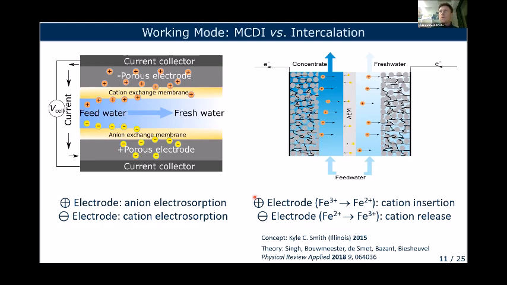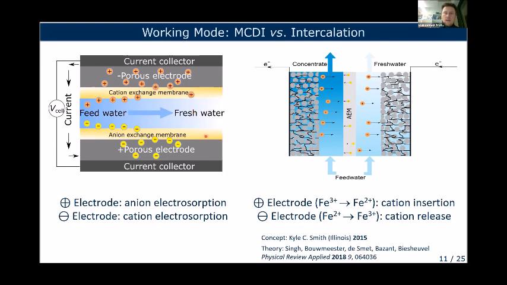So on the left, we see again the two parallel structure electrodes that are covered with anion or cation exchange membrane to prevent co-adsorption and also to increase the energy efficiency of CDI. And what you do is, you have salty water, you make it less salty, you can make it fresh, and you can harvest the electrodes when you have a second stream.